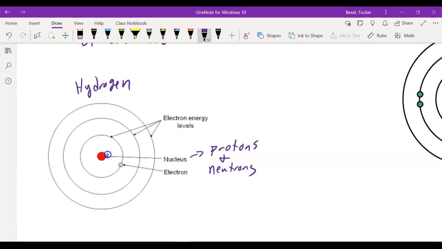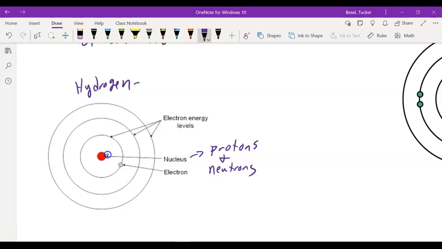The electrons aren't actually orbiting the nucleus like a planet, but you can think about it like that. Again, it's just a model because really it's a three-dimensional thing. For now, you can think about it like there are these energy levels that the electrons can live in, with the nucleus in the middle with the protons and neutrons, and the electrons in the area outside of the nucleus.